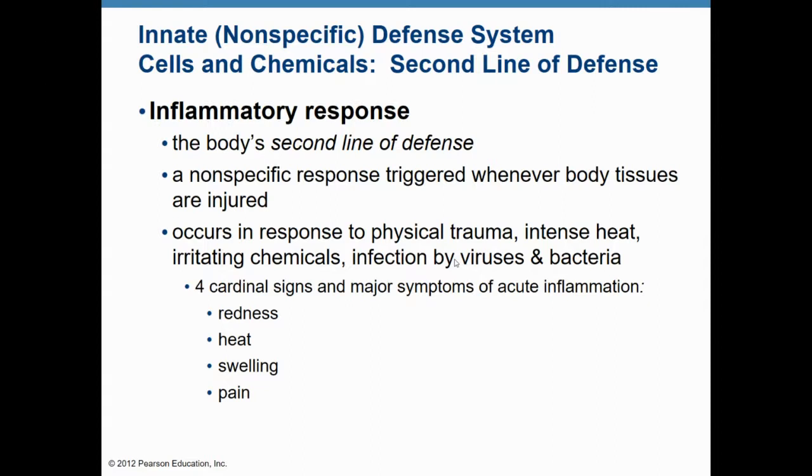The four cardinal signs of inflammation are redness, heat, swelling, and pain. So even a bad sunburn is considered to be inflammation, right? It's red, it's hot, sometimes it's kind of swollen, and there's pain, obviously.